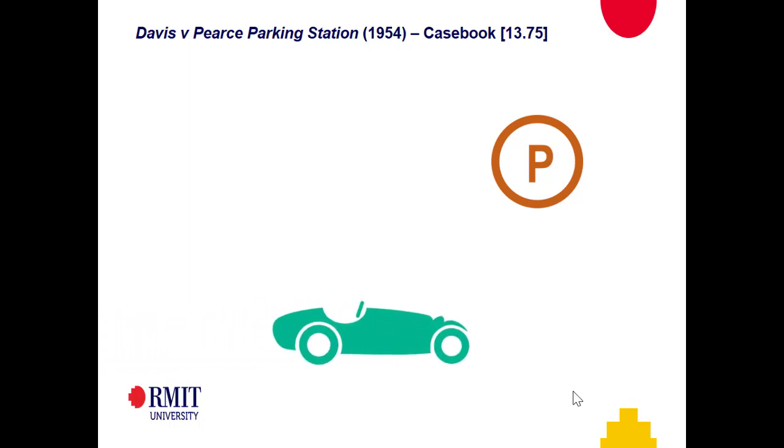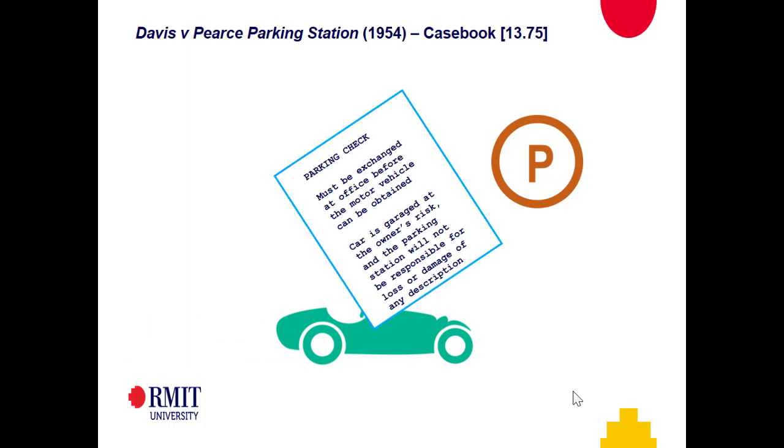Mr. Davis came and parked in the parking station. He got a ticket, called a parking check. It had some terms on it which said this must be exchanged at the office before the motor vehicle can be obtained. The car is garaged at the owner's risk and the parking station will not be responsible for loss or damage of any description.